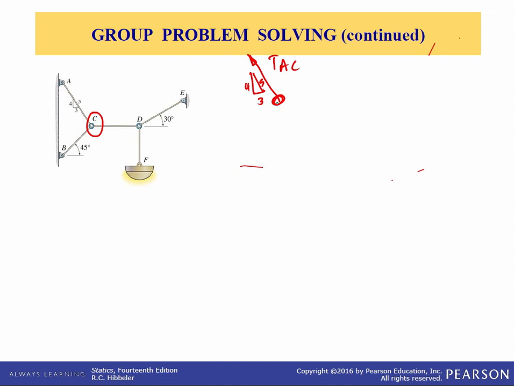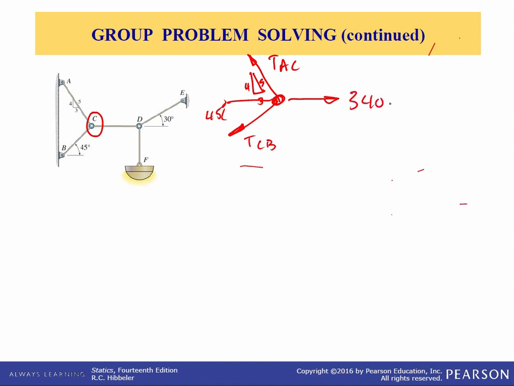And then we have the tension in CB, which is at 45 degrees from the negative x-axis. And then the final thing we have is TCD. But we already solved for that earlier, right? We got TCD is 340 newtons, so we know that. You just have to draw it in the right direction. You have to draw it to the right this time.